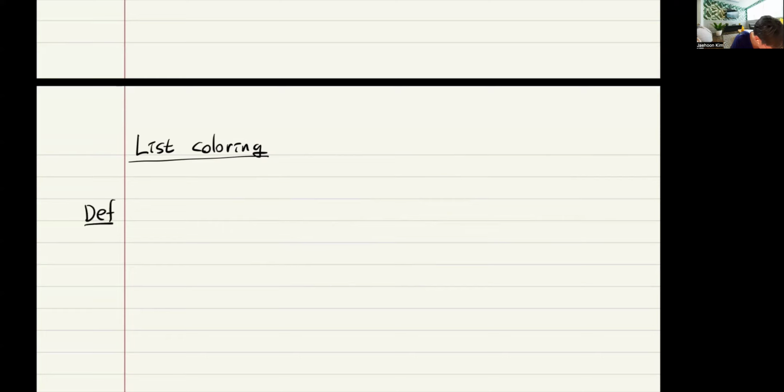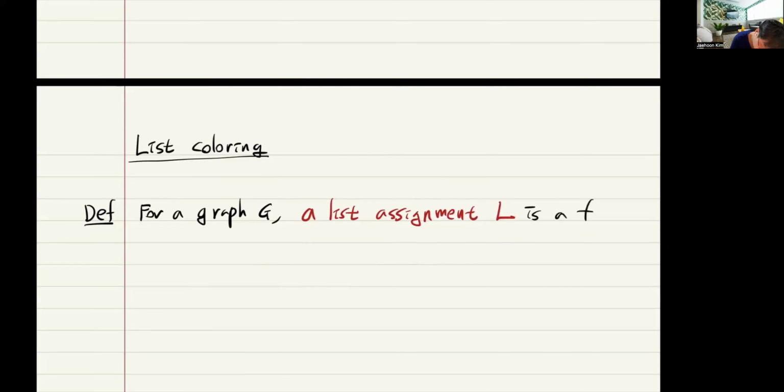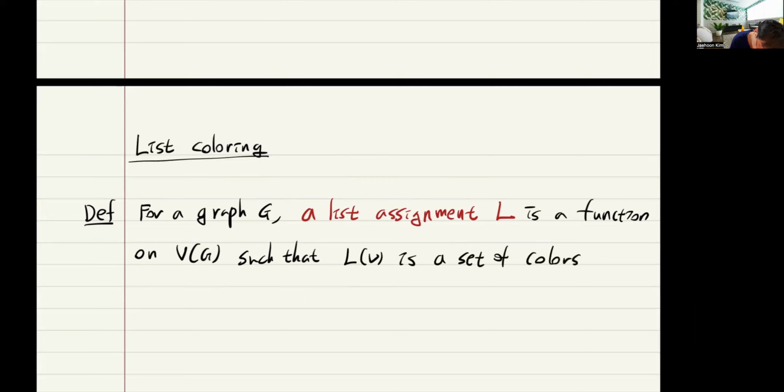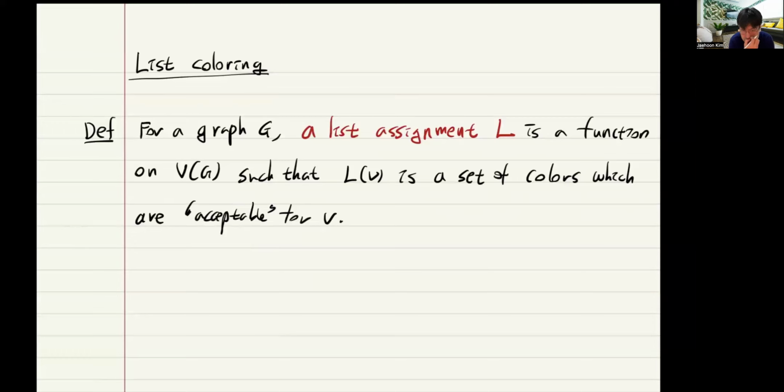So this introduces the following concept. When you have a graph G, we say that a list assignment L is a function defined on the vertex set of G such that L(v) is a set of colors which are acceptable for this v. So for this vertex, there are some available colors, and that's L(v).